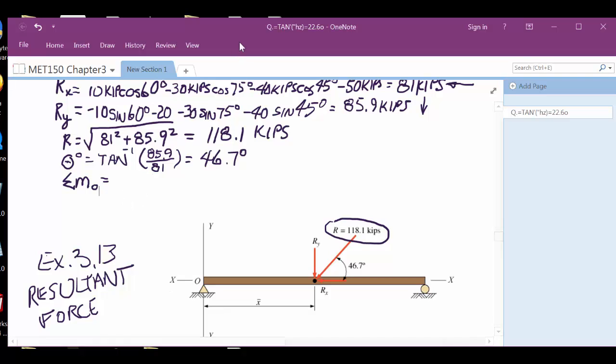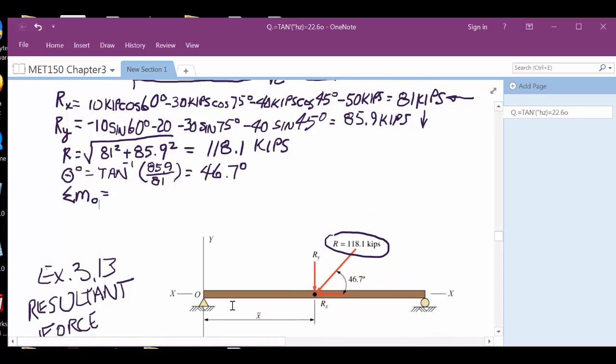I'm going to have to probably move that again. This is the same picture that's in your book on page 50. Okay, this picture right here. But what we're going to do is find out what X bar is.